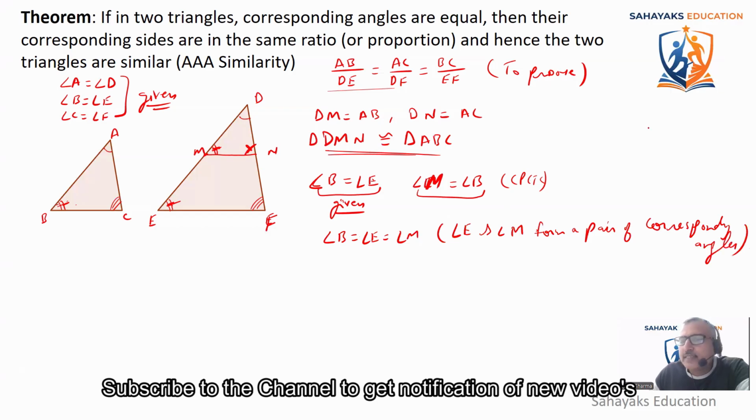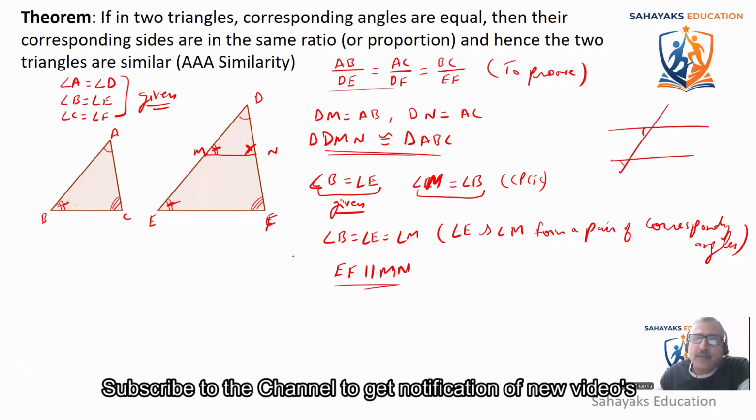Okay, what are corresponding angles? See, in parallel lines, this angle is equal to this angle. So these are called corresponding angles. Okay, so they form a pair of corresponding angles. What does it imply? It implies that EF is parallel to MN. EF is parallel to MN.